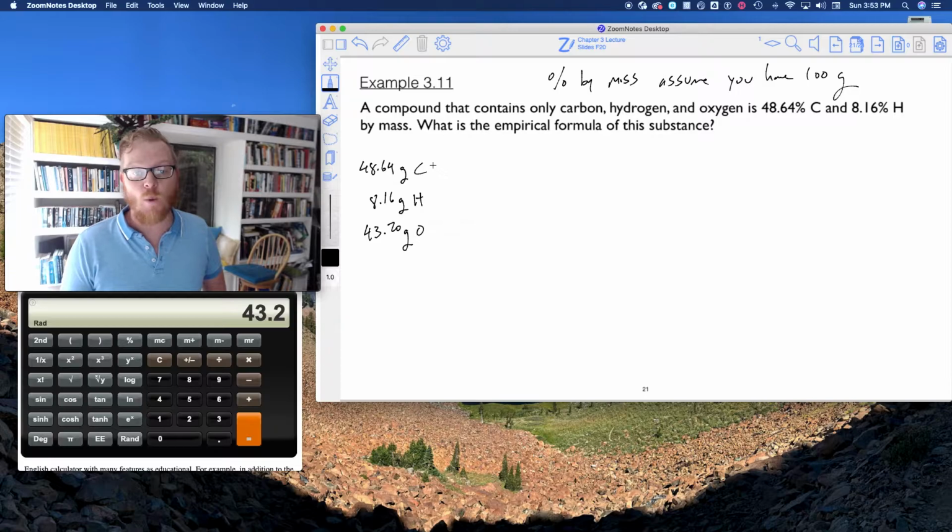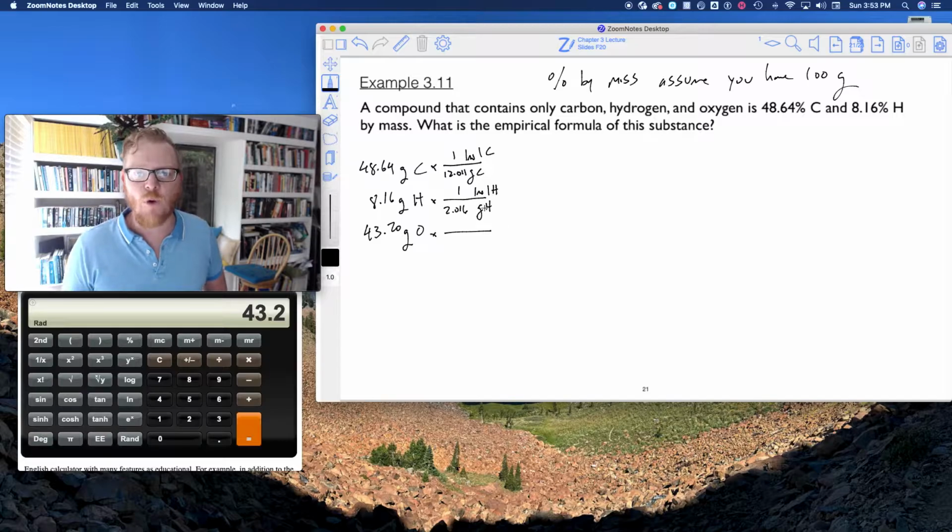And then now what I want to do is convert these to moles. And you'll see why in a moment, okay? So I know from the table, so I've got to go, right, grams of carbon in 1 mole of carbon. The table tells me it's 12.011 grams of carbon in 1 mole. For hydrogen, grams of hydrogen in 1 mole of hydrogen. The table tells me 2.016 grams in 1 mole.